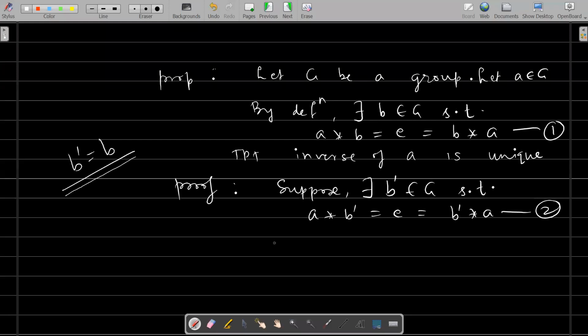Just a minute. So what did you say? Multiply the first equation on both sides by B dash. Whether I should multiply on the right side or the left side?